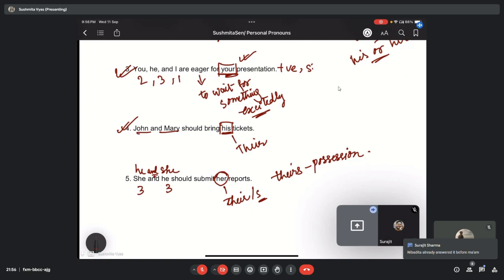Yes, Nivedita did, but she wrote theirs, okay? But theirs is used to show possession. Here we are not talking about possession. It won't be theirs reports, it will be their reports. Okay? Surajit, is this clear?